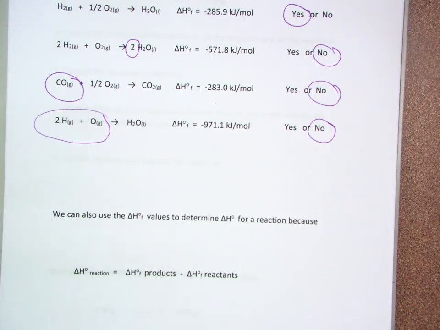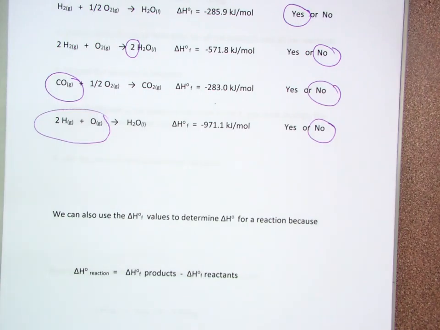Okay. What do we do with enthalpies of formation? We can use tabulated data about enthalpies of formation to perform calculations about enthalpies of reaction. We looked at Hess's law. That was one way to calculate the energy change in a reaction. Using standard enthalpies of formation is another way.